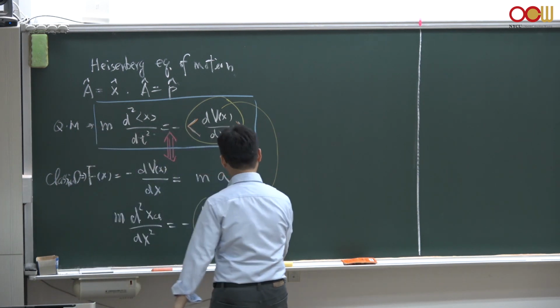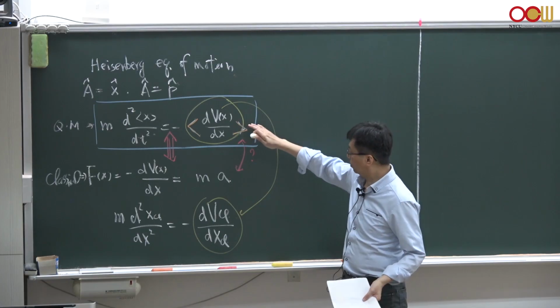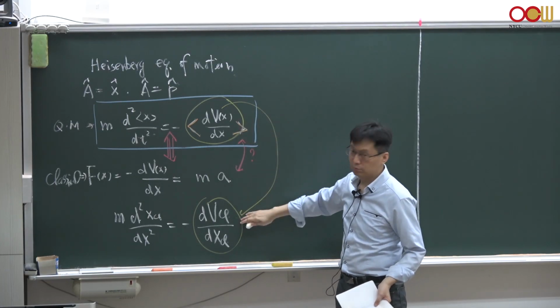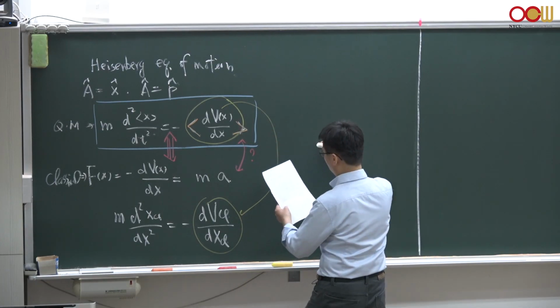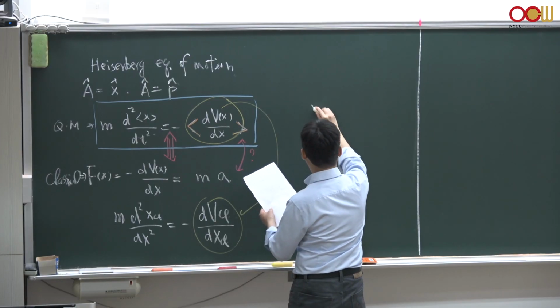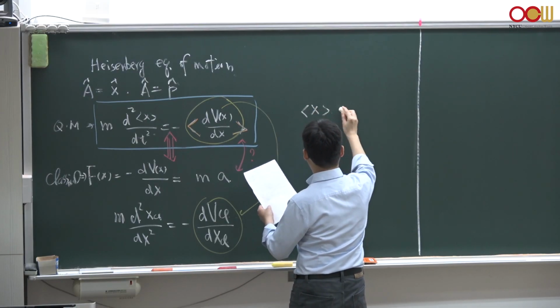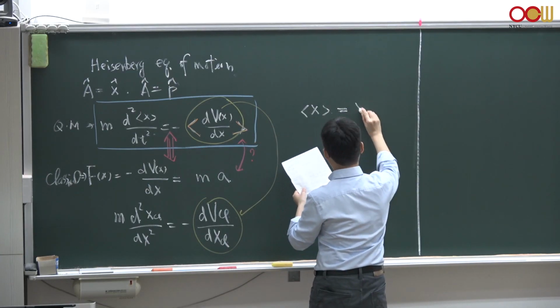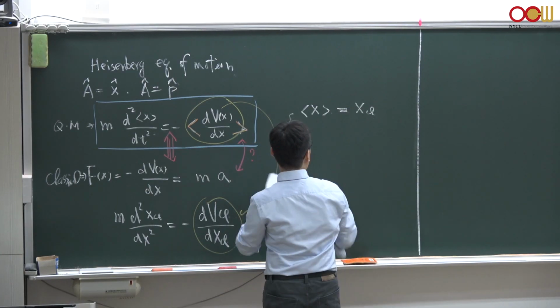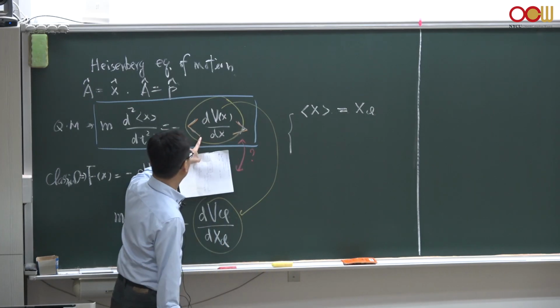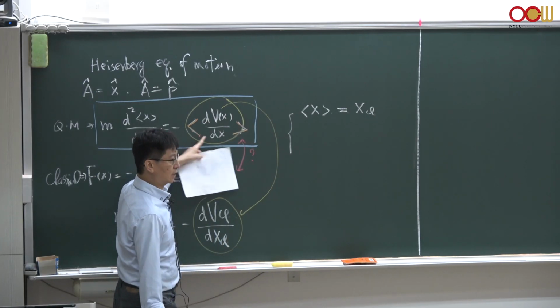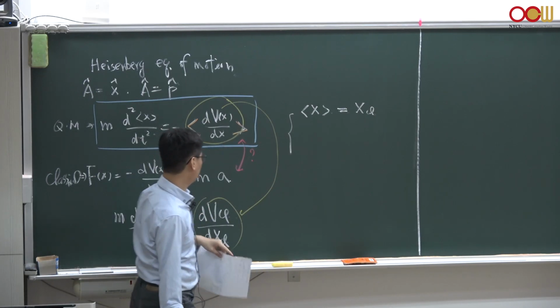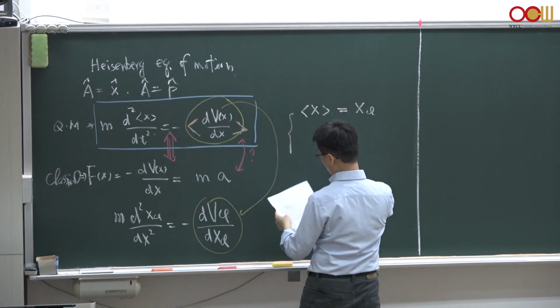So the question we want to address is, under what conditions are they really equivalent? If I simply identify the expectation value of the x operator as x classical, then we should also identify dV/dx with the expectation value as the dV classical/dx classical.